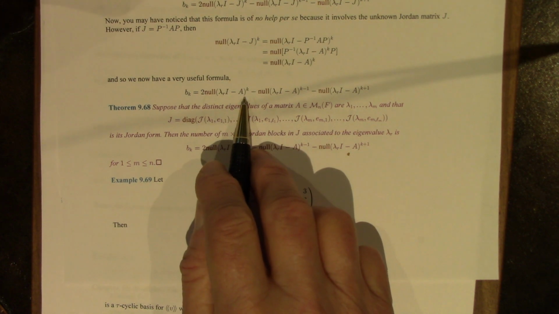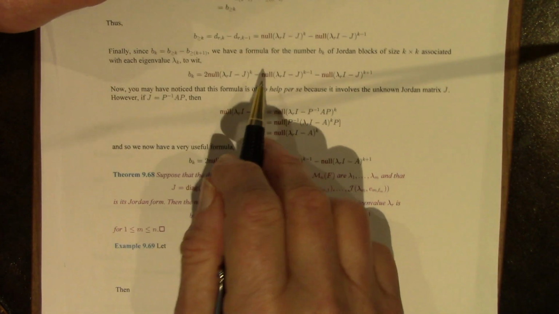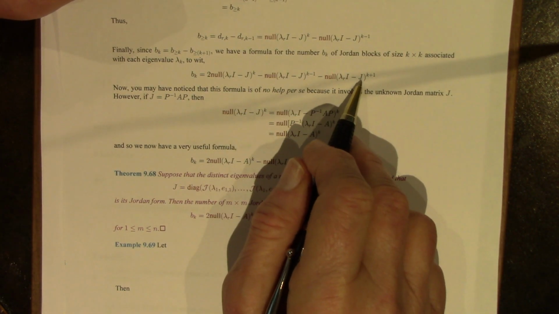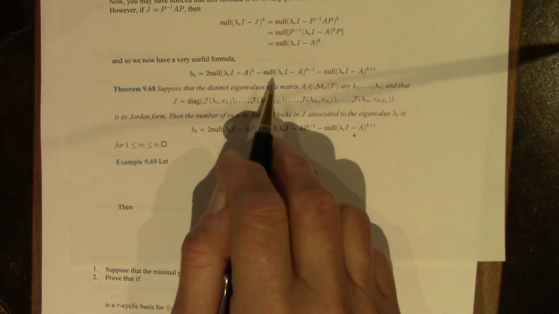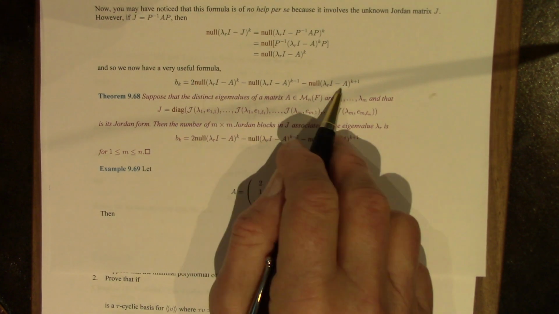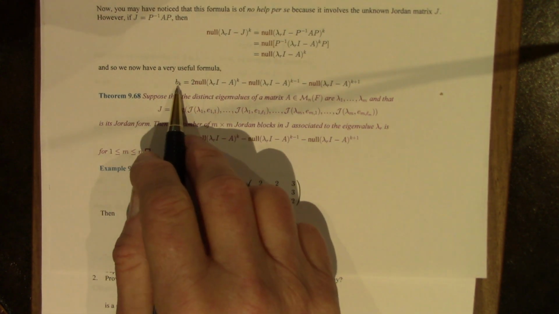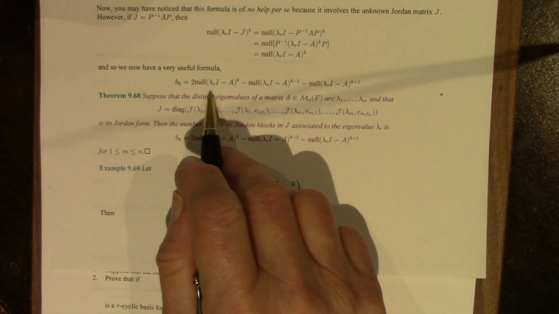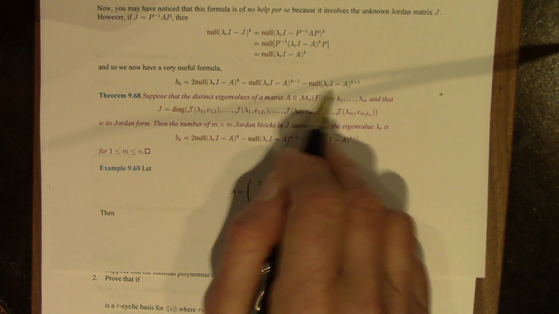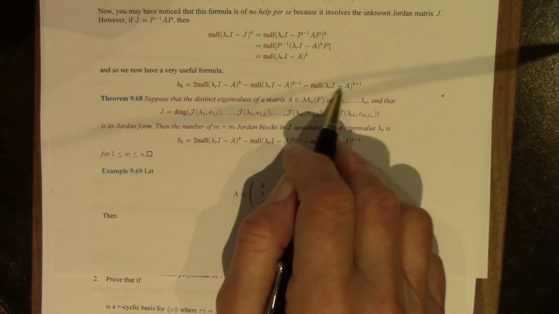So our formula that is of use, this was of absolutely no use because it's trying to find the Jordan form using the Jordan form. But now we see that this is what the formula looks like. The number of Jordan blocks of size k by k is equal to this expression involving nullities.